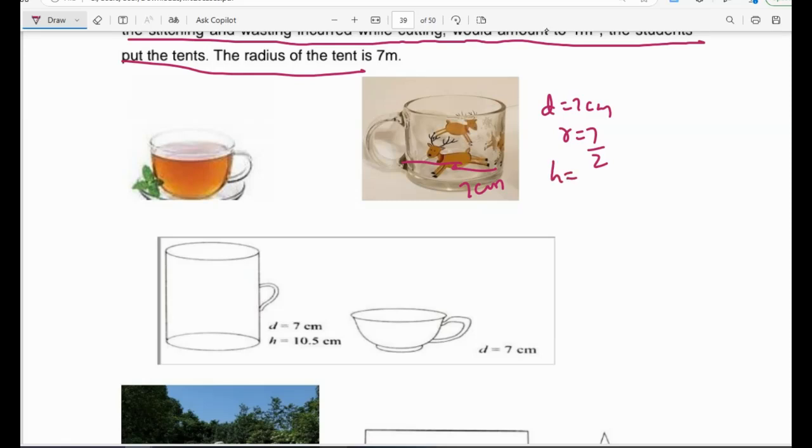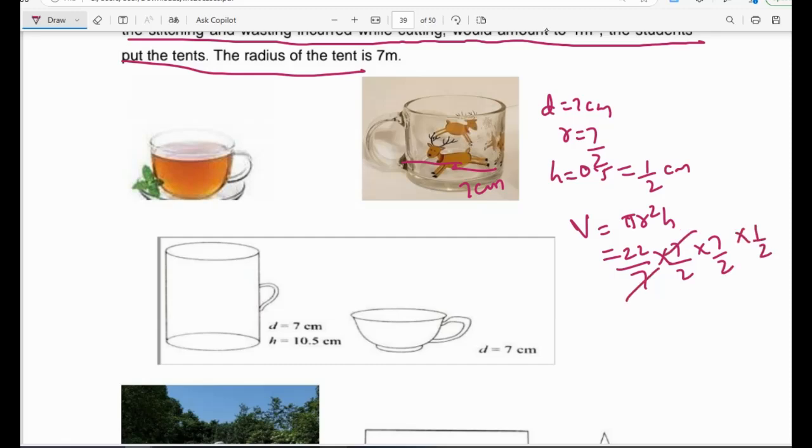The height they've already given is 0.5, or you can write 1 by 2 centimeter. He's asking you to find the volume of the cylinder. The volume will be equal to pi r square h. So pi is 22 by 7, r is 7 by 2 into 7 by 2, and this is 1 by 2.